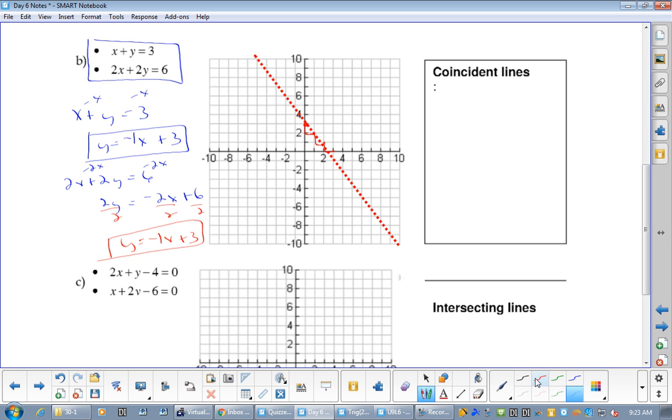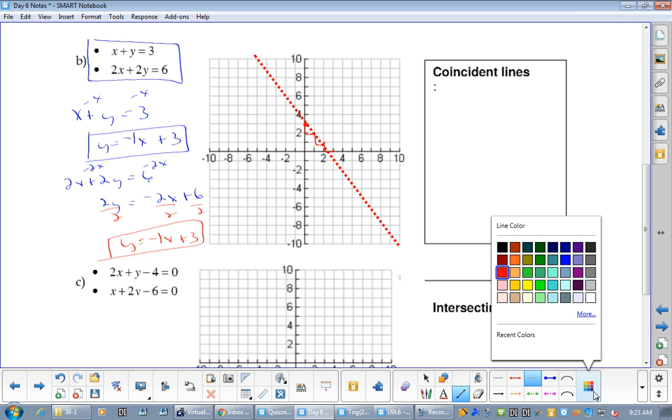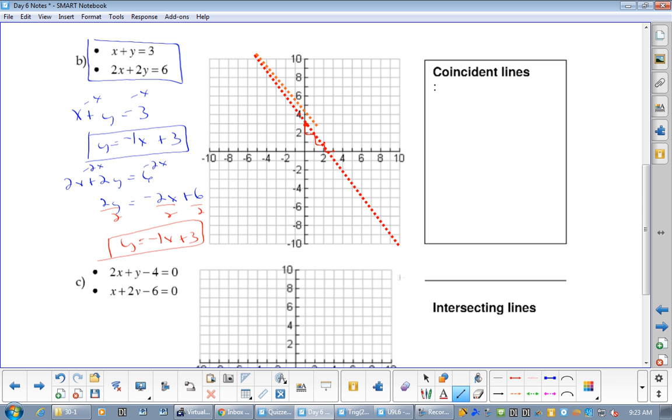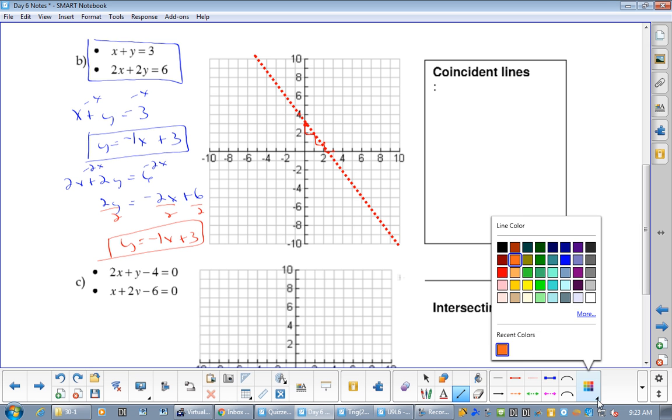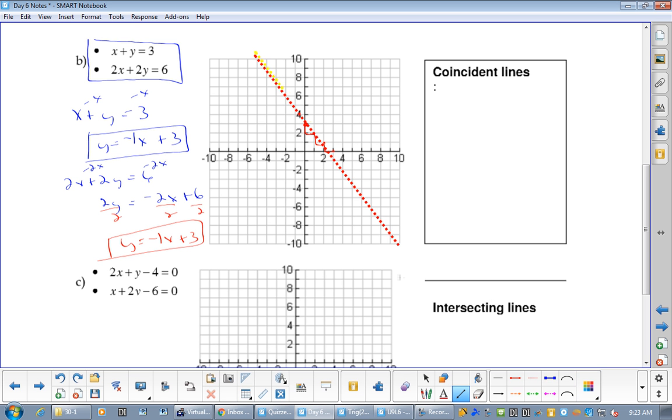And the second one would be, well, that's not different enough. I need to be a different line. Okay, so how many times does it intersect? Infinite times. Okay, so coincident lines.